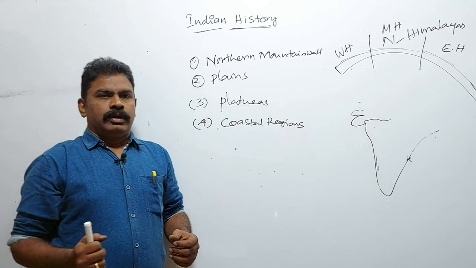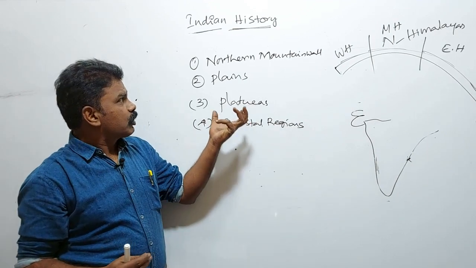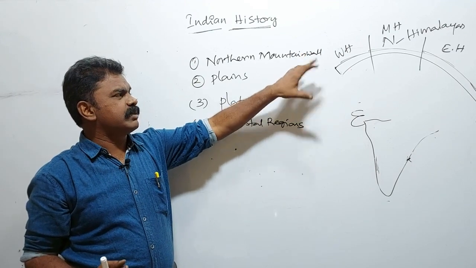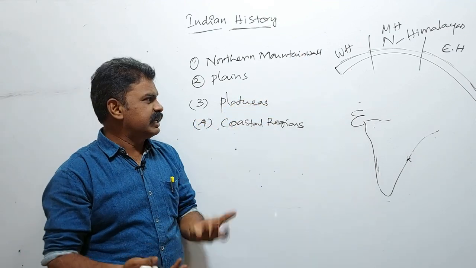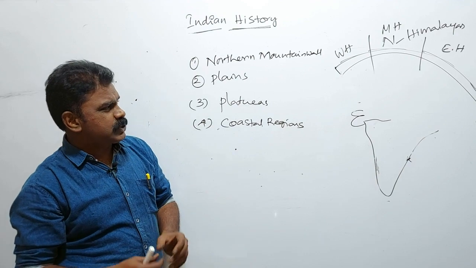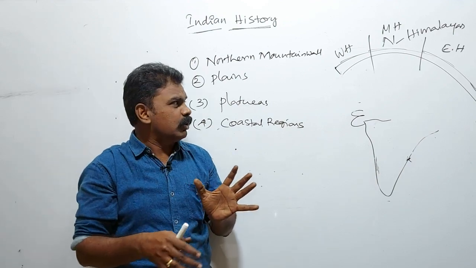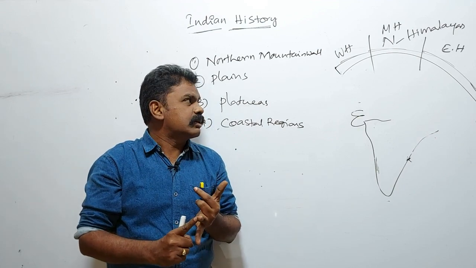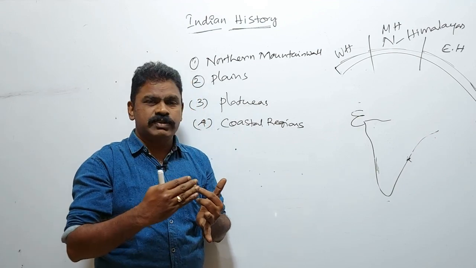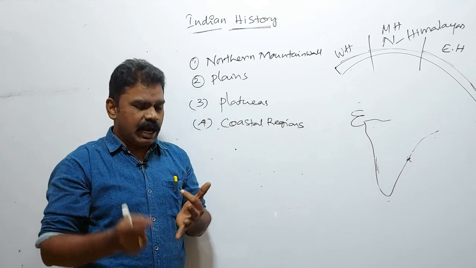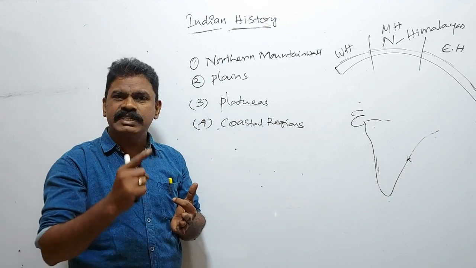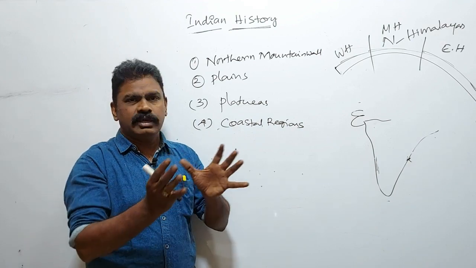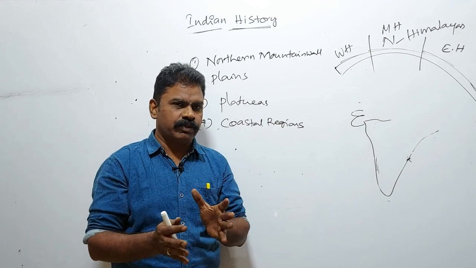And now we have completed the northern mountain wall. How the Himalayas impacted Indian history, that we completed. Especially, the Himalayas are the barriers of India, that is one thing. Second, the Himalayas stop cold winds coming from Siberia. And the Himalayas are also Hindu religious centers and Buddhist religious centers. So all these affected Indian history and culture.